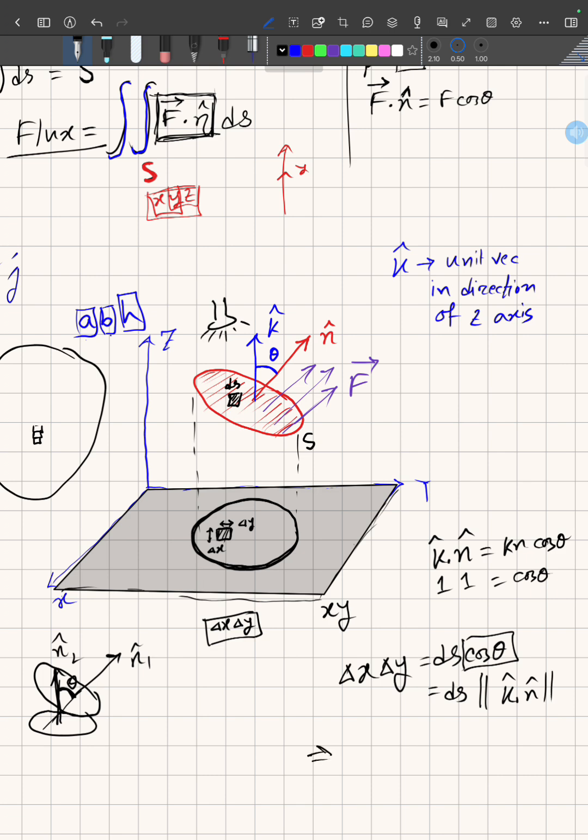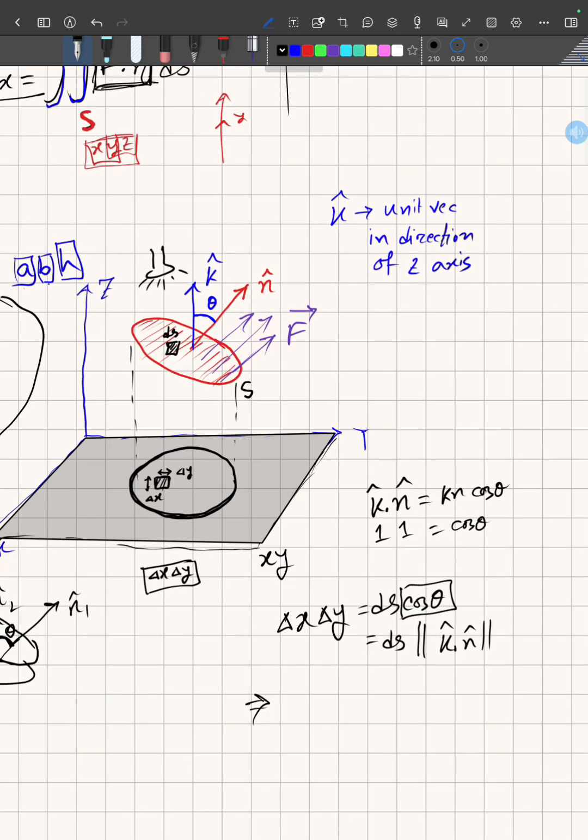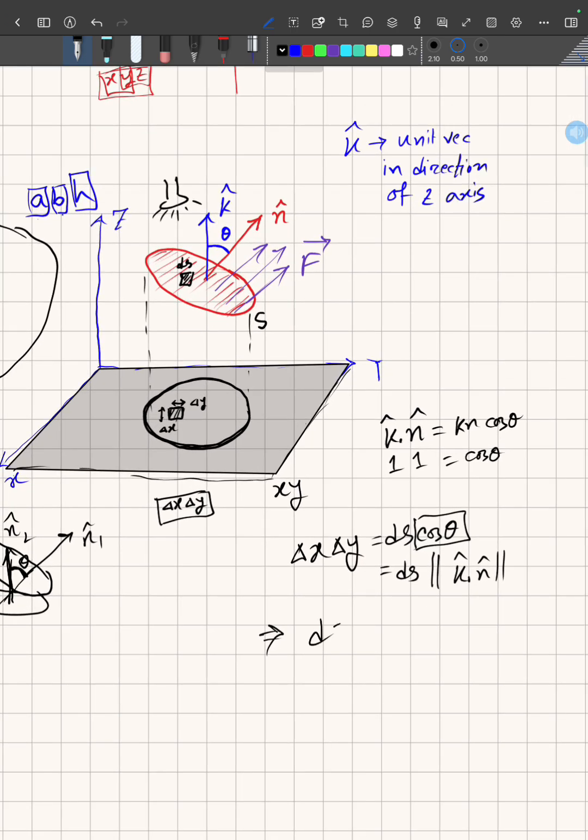Now let's transfer this to one side, and we can say that ds will be del x del y divided by k dot n, where n is the normal vector of our surface.